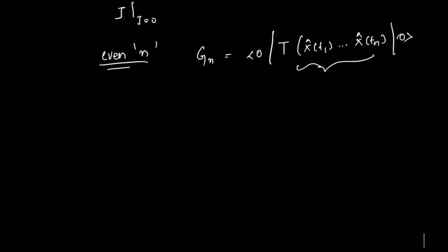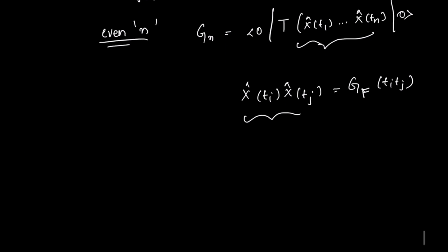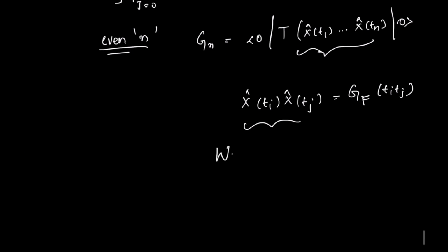By contraction, we mean x of ti, x of tj, this pairing. You pair two operators, and this is the Feynman function of ti, tj. Just pair all of them, and each pair is a contraction and gives a Feynman function. This was first proved by Wick, and it is called Wick's theorem.